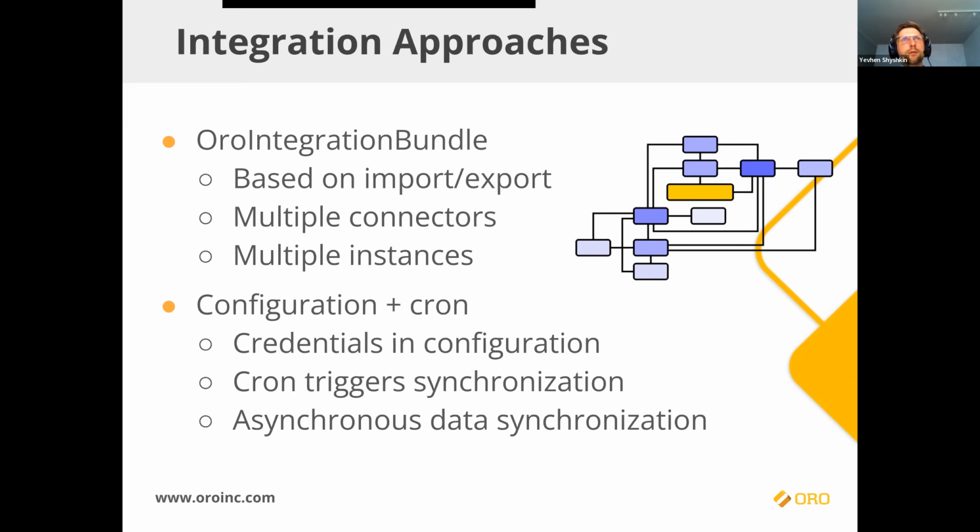So integration bundle is based on the Oro import export. Basically what it's doing, it's running import or export process, but not for your files, but for the third parties. So basically it reads data from the third party, processes them and writes it to your application, or vice versa. It reads data from database, processes them and writes them to the third party API.